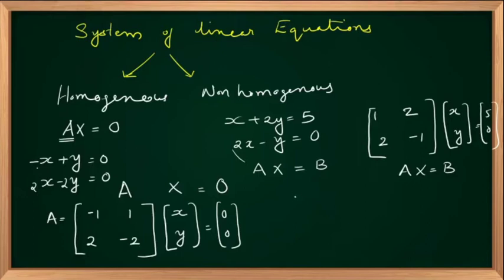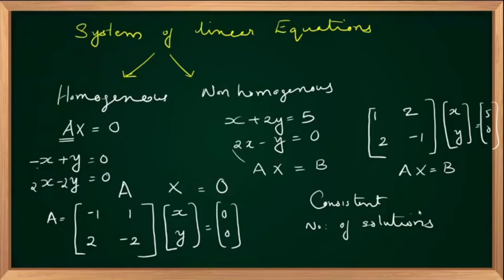We'll check for consistency first. How to check consistency? Then the number of solutions. These are the things which you need to learn from a system of linear equations. Consistent means whether a solution exists or not.